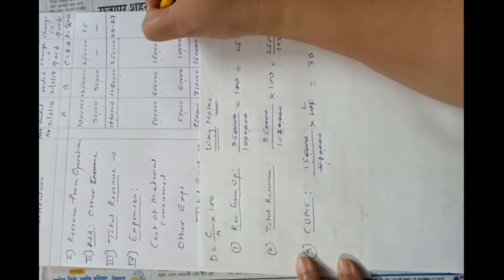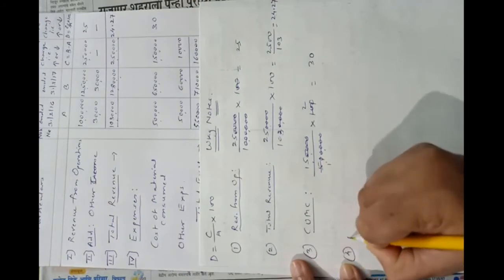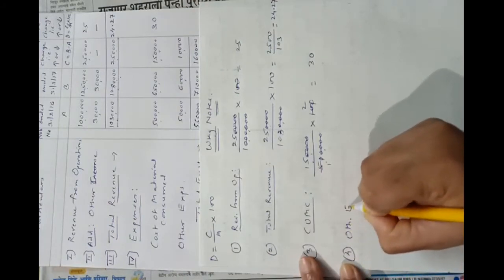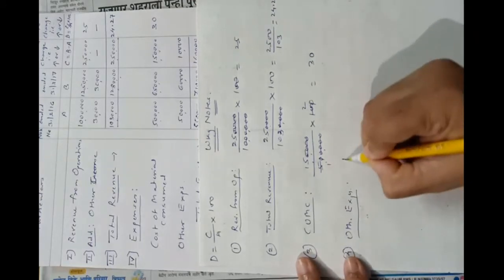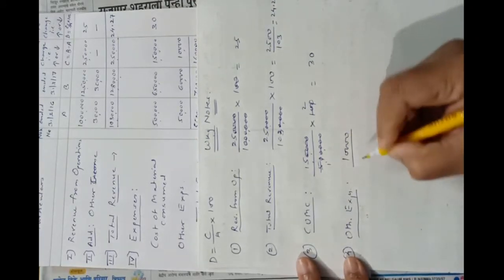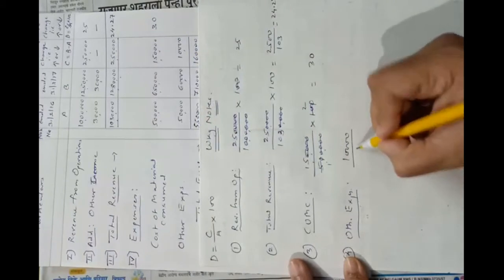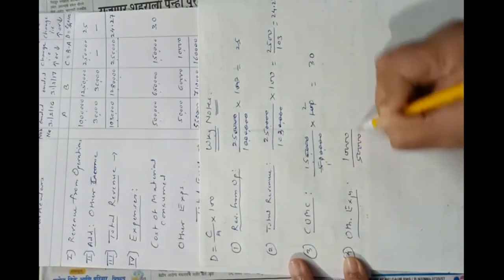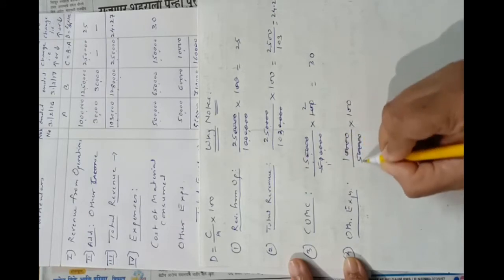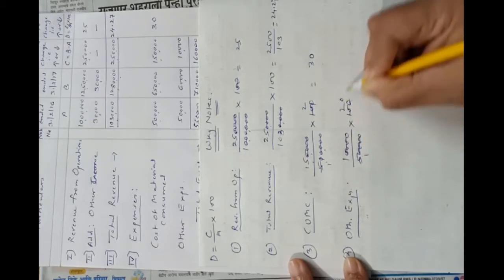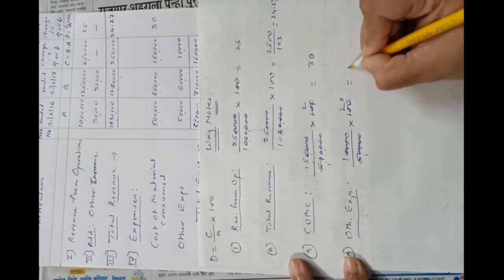So cost of material consumed is 30%. Now other expenses, 10,000 divided by 50,000 into 100. 20%.